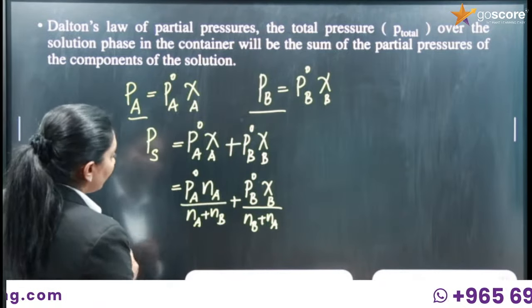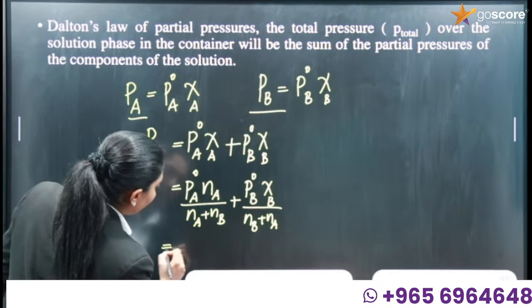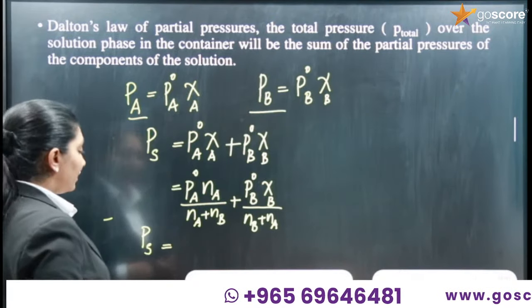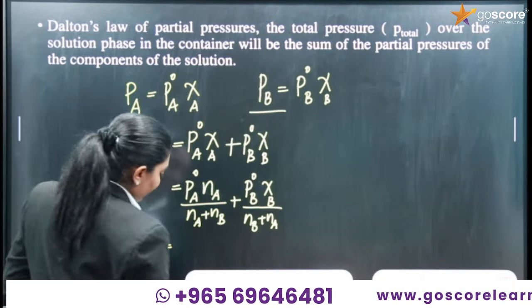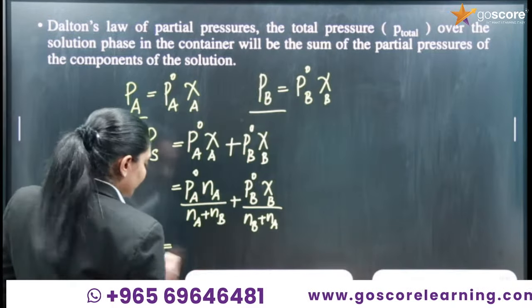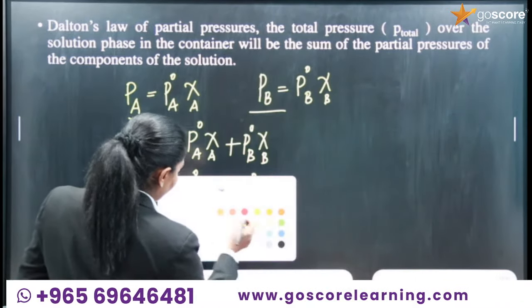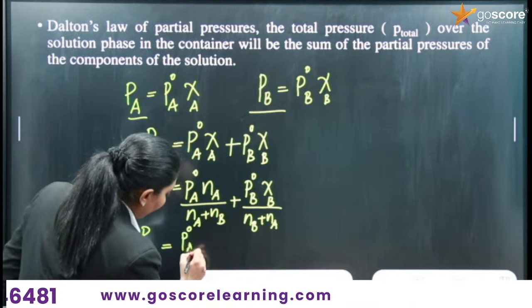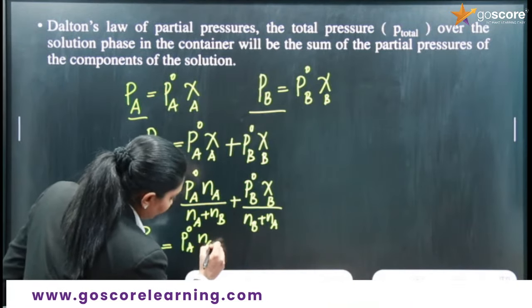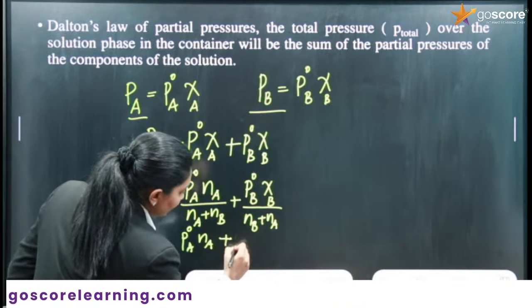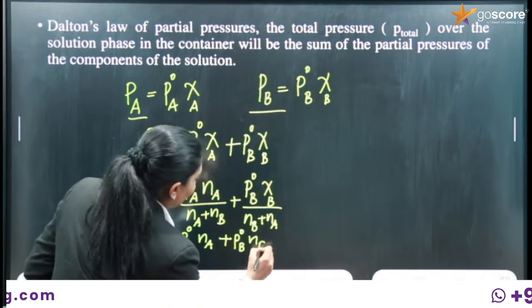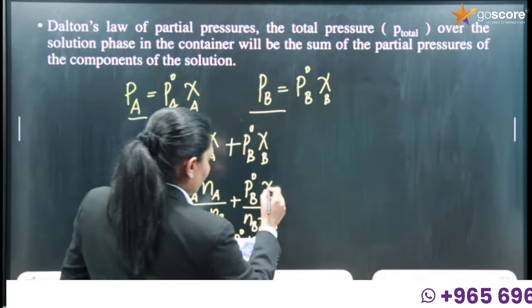So, here what can we write together? The total vapor pressure of the solution containing two volatile liquids will be P naught A into number of moles of A plus P naught B into number of moles of B, sorry, this is number of moles, right?